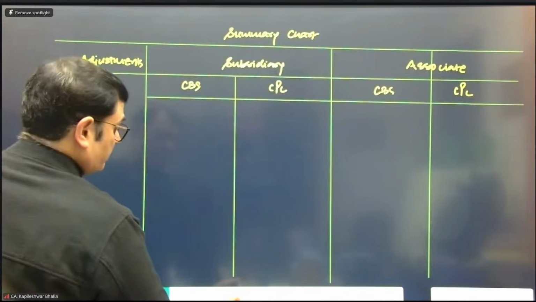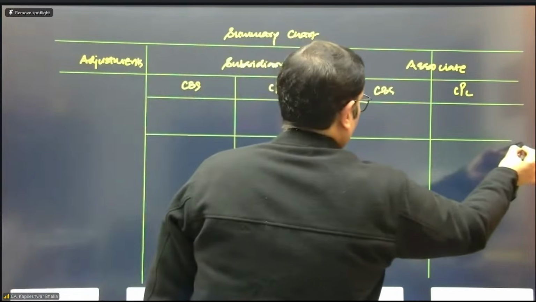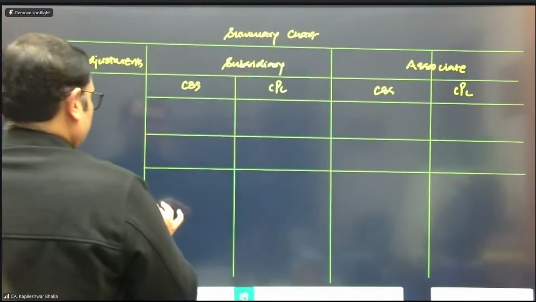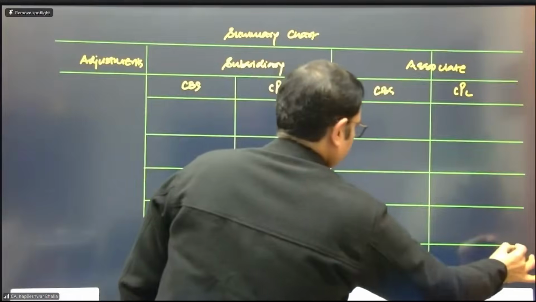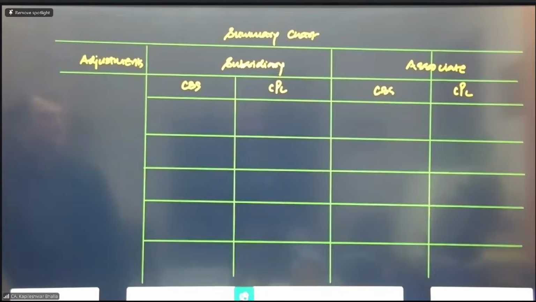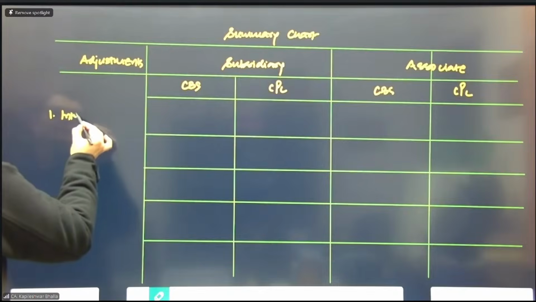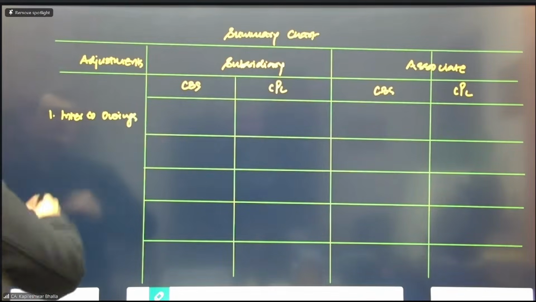Let me just make the inputs 5 blocks as well, so the space may not become a constraint. So 3 and 5. We've got 5 adjustments in this case. So we're looking at intercompany owings.